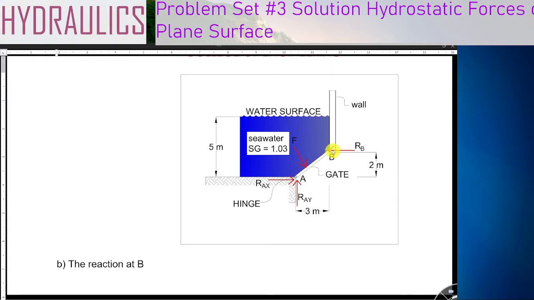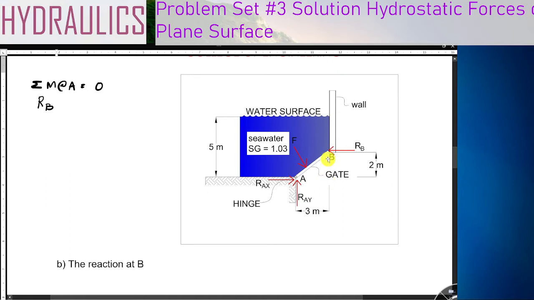Then, using the component of RB times yung moment arm 2 meters, tapos si force F also will create a rotation about A. So hanapin din natin yung moment arm ni F. So in equation form sa makatuwid, moment at A is equal to 0, and then what are the components of that moment? So we have here reaction B or RB, itong horizontal force na ito, multiplied by the moment arm. Ano ang moment arm niya?